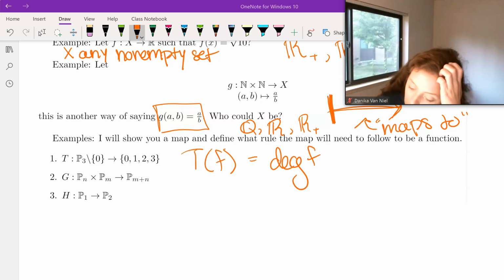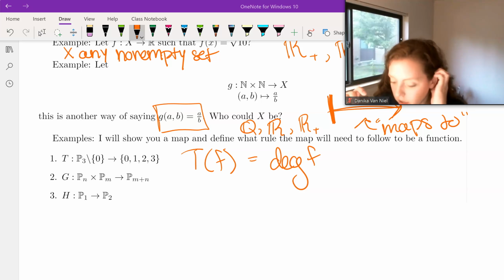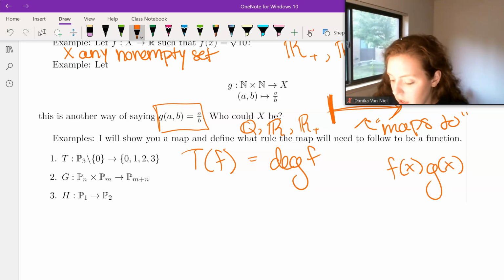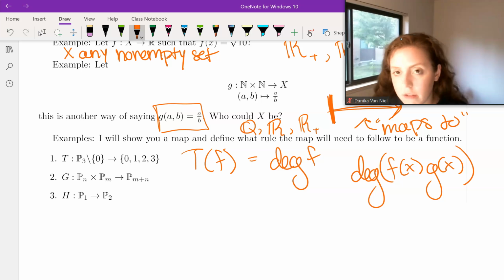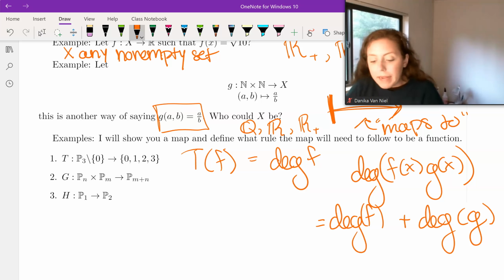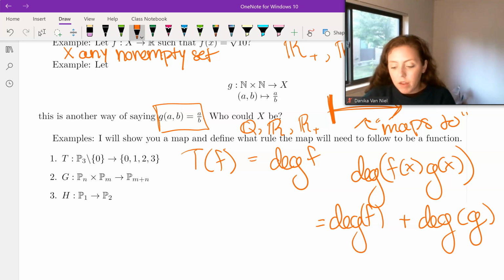In fact, this is a very interesting result. If you multiply f of x times g of x, so the degree of f of x times g of x, I hope this makes some sense. Basically, you determine the degree of a function by its highest exponent, right?